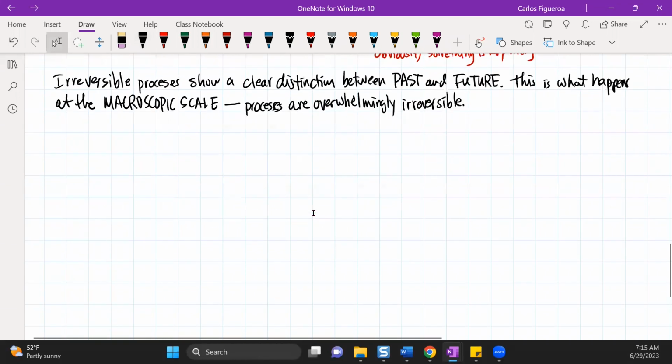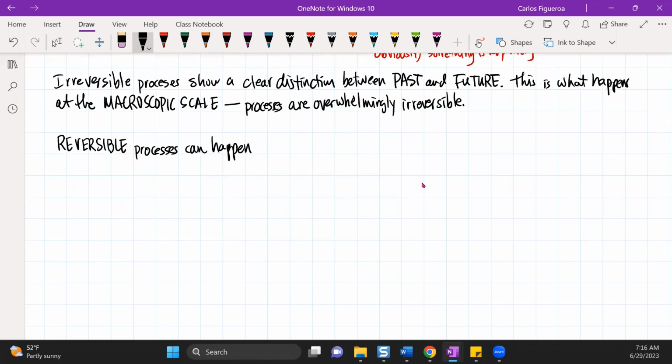So now that we hopefully have a clear picture of what we mean by irreversible, now let's talk about reversible processes. Reversible processes can happen in both directions.